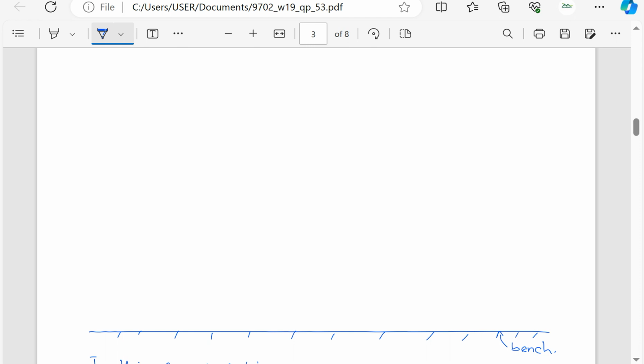Let me first draw a motor here. So I have a motor.